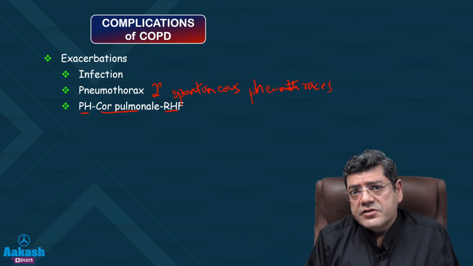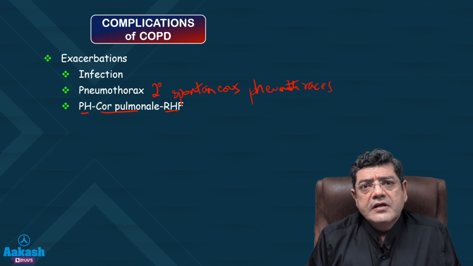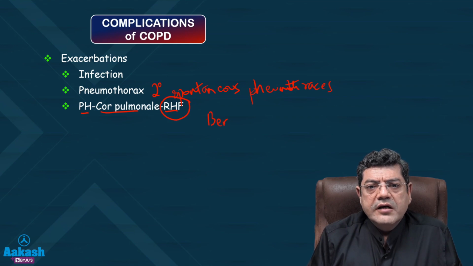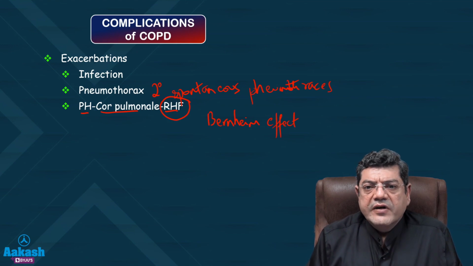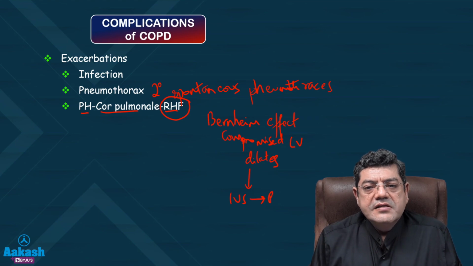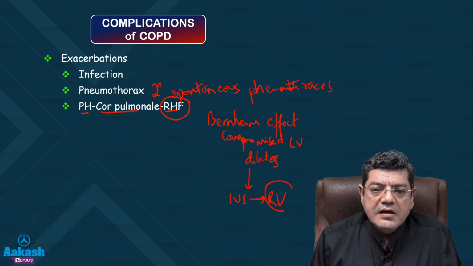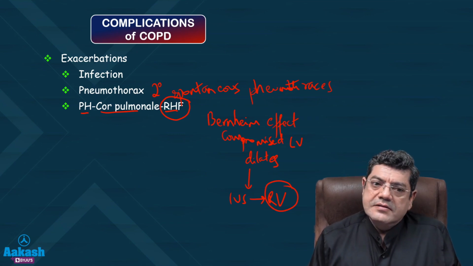Now, why have I mentioned that as one of the causes of an exacerbation? See, there is something called Bernheim effect. The Bernheim effect implies that a compromised left ventricle, that is a failing left ventricle, dilates, and therefore the IV septum bulges into the right ventricular cavity and compromises right ventricular function as well, right?